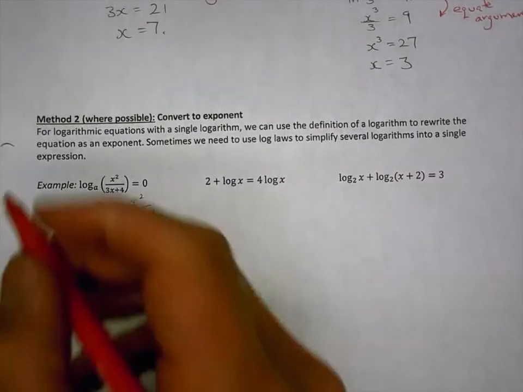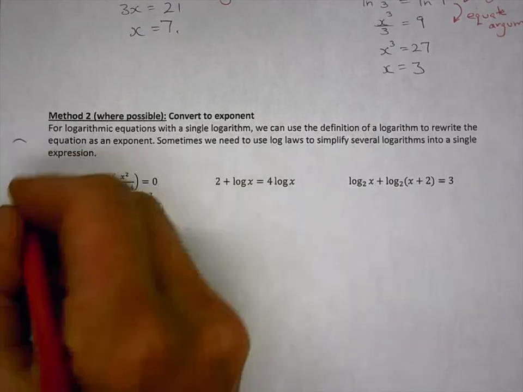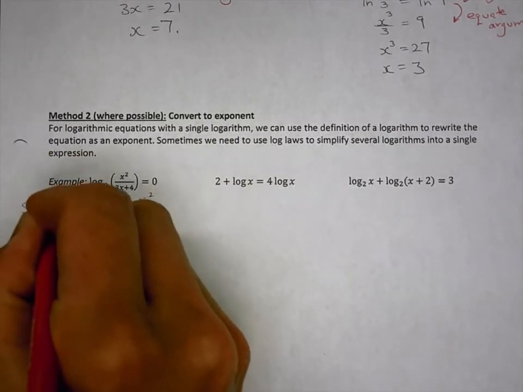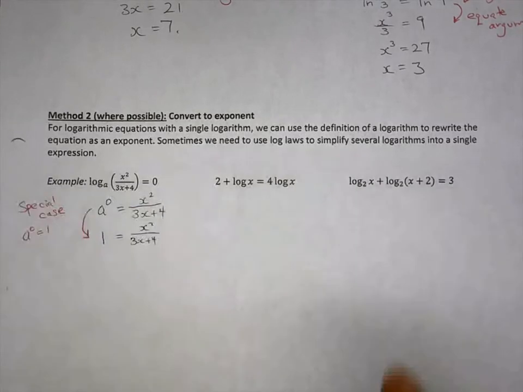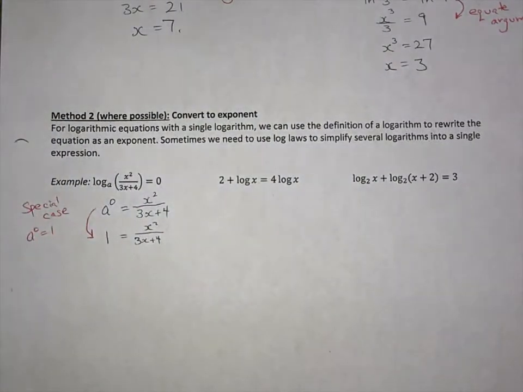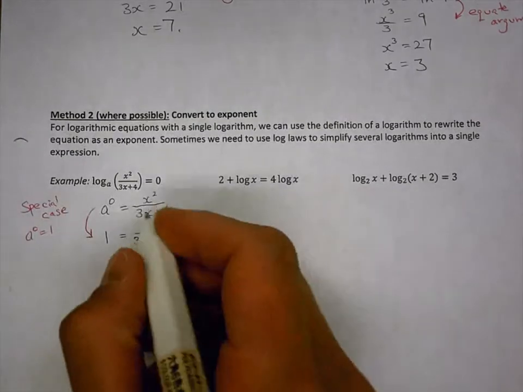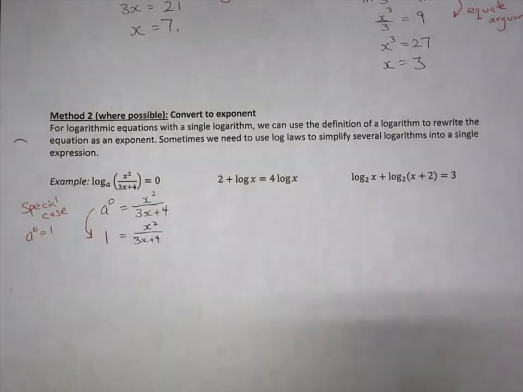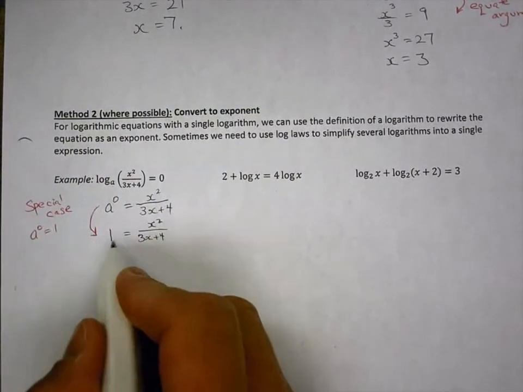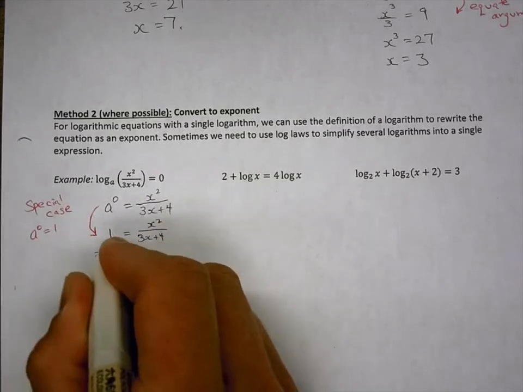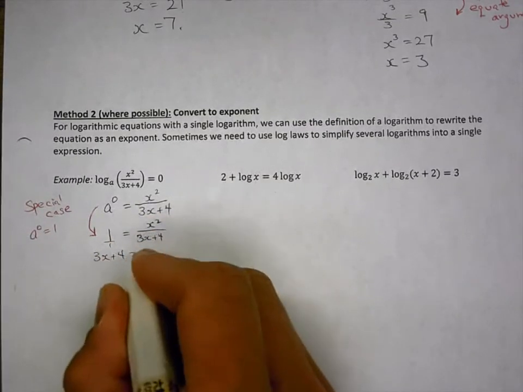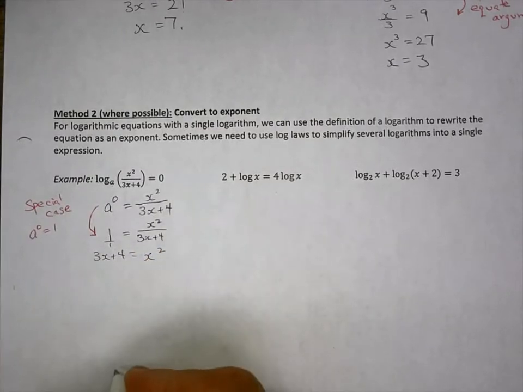It's a bit of a tricky one, right? That's a special case. Okay, now fortunately it looks like it's just going to be a quadratic expression. I'm going to cross multiply, so 1 times 3x plus 4, and remember this is over 1, so when I cross multiply I get x squared.